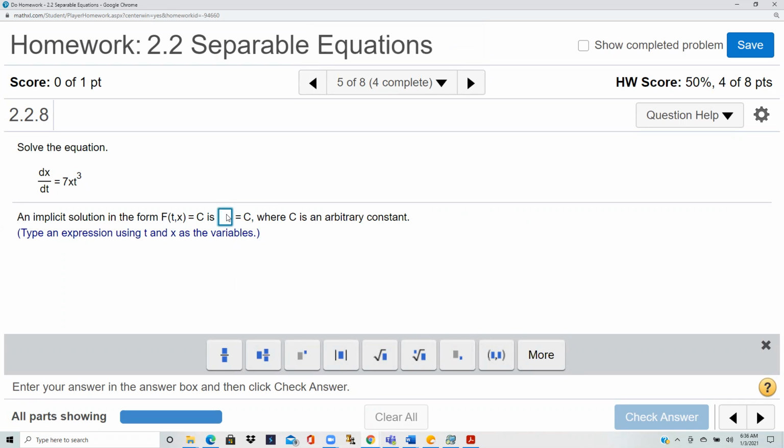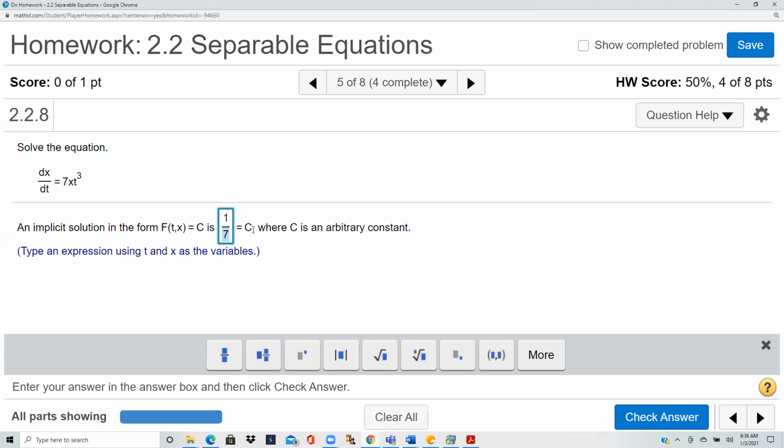Okay, they want it written as just c on the right side. So we had 1 over 7 ln of x absolute, and here we had t^4 over 4 on the other side.